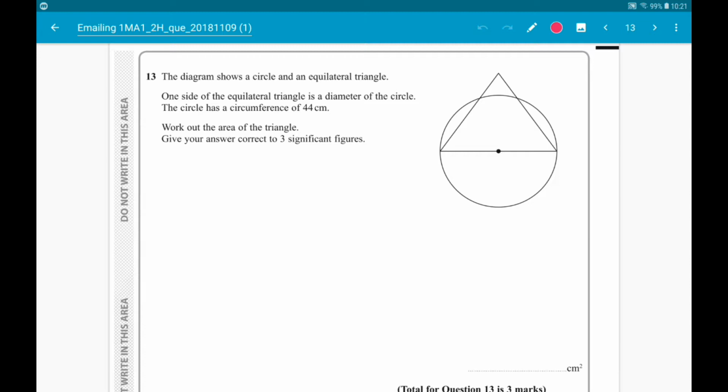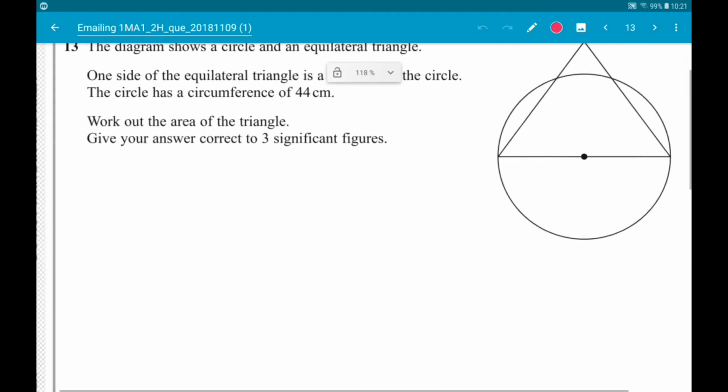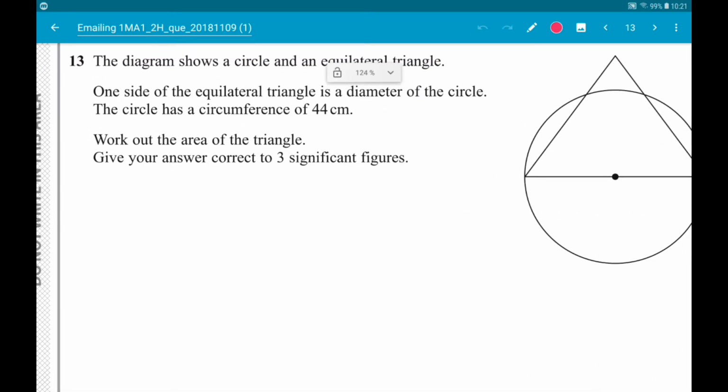Okay, so given that we know the circumference of the circle, we can work out the diameter, which is the side of the triangle. So circumference is pi times diameter.